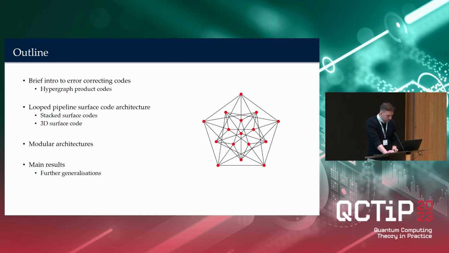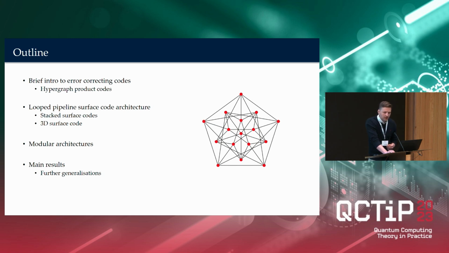So the talk outline is as such. I'm going to very briefly introduce a representation of classical error correcting codes and then also quantum error correcting codes, but Nicholas gave a really good summary already. I will build upon that. Then I will talk about recent results in surface code architectures and how they can be used to obtain multiple surface codes and even a three-dimensional surface code.